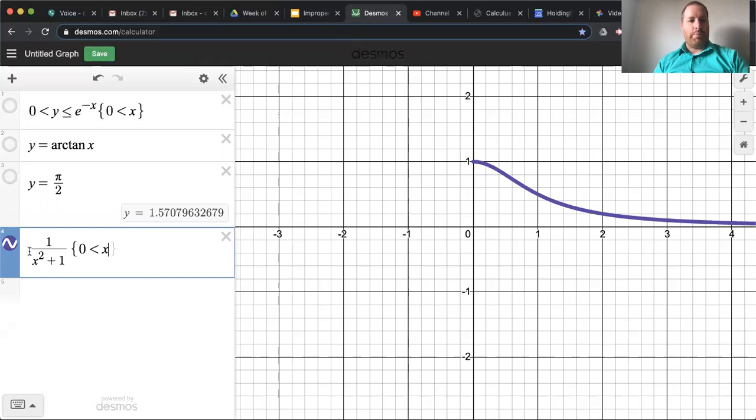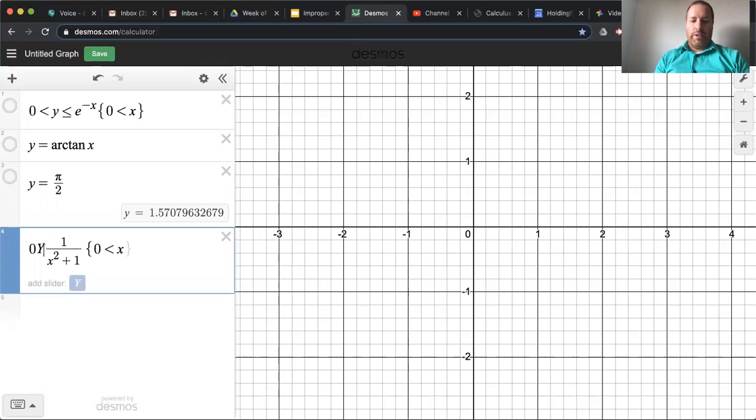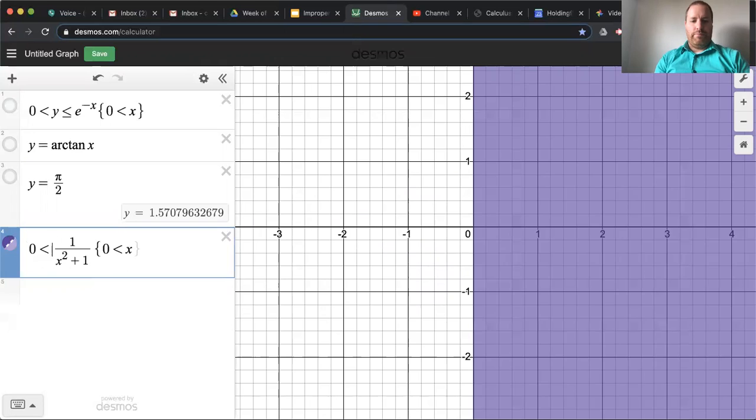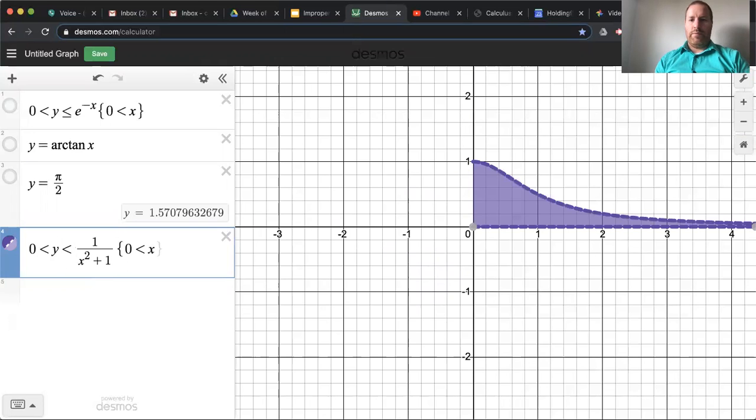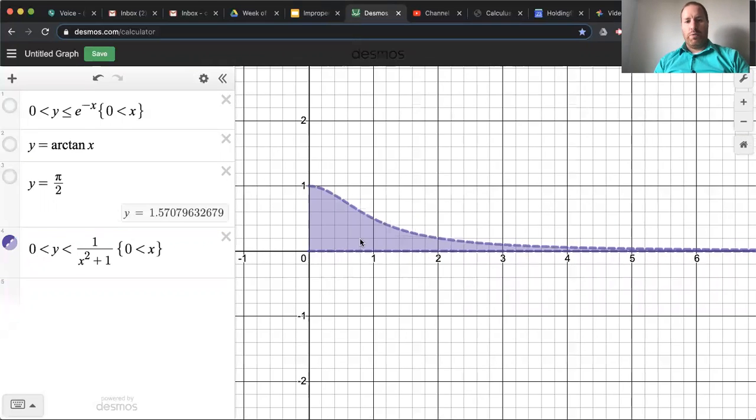We're keeping track of this purple stuff, adding up all this purple area as we go out towards infinity. And in fact, if we add up all of that stuff, we would get pi over 2. That would be that integral.